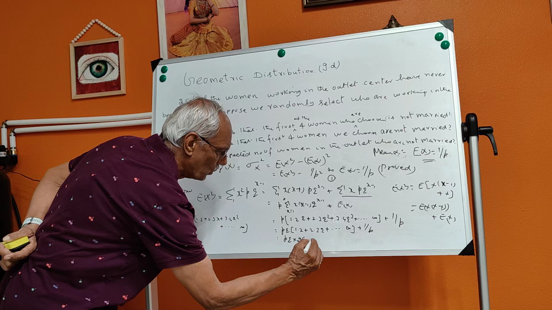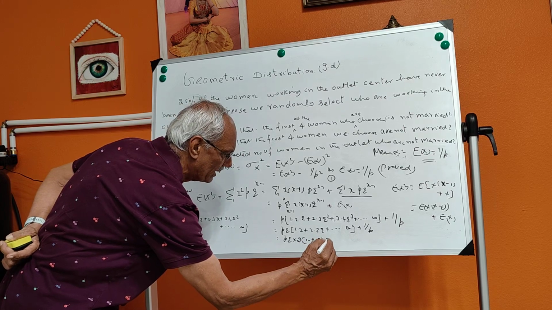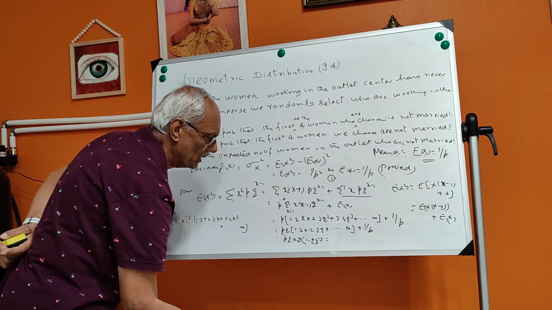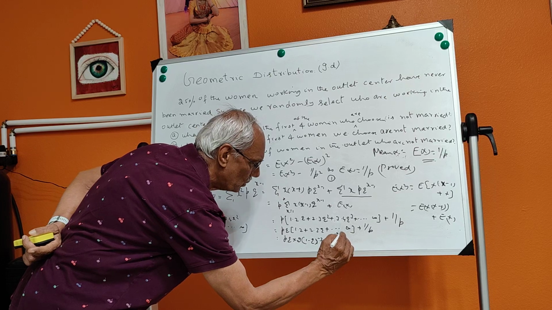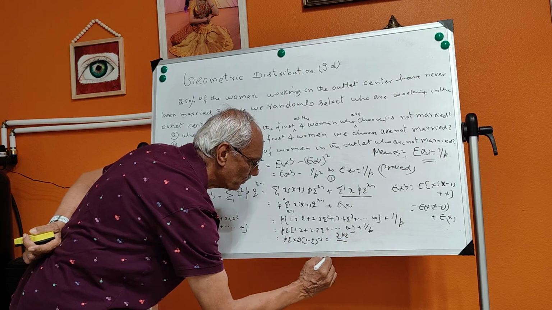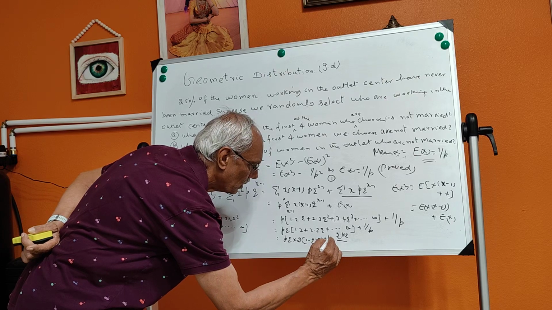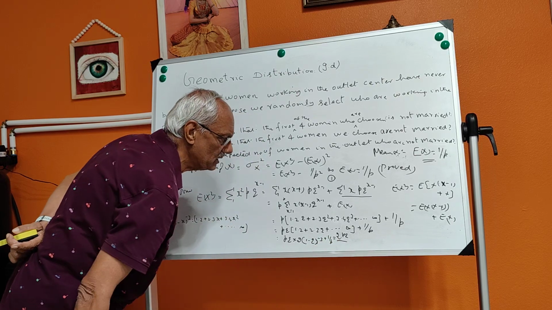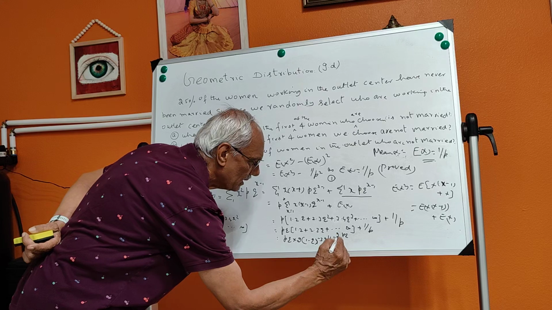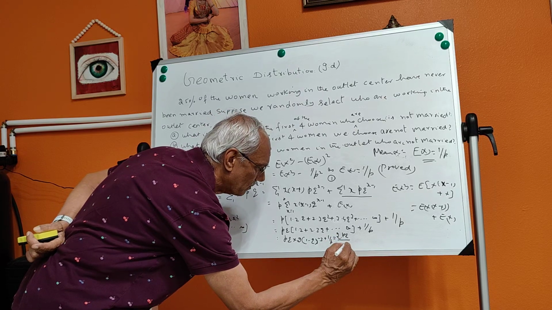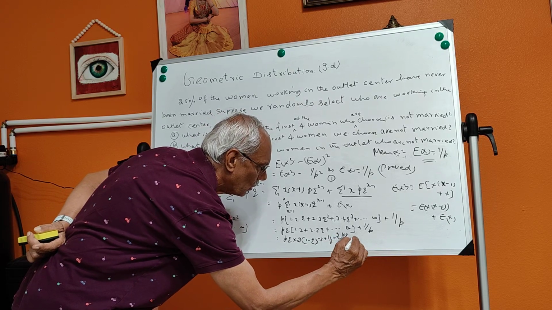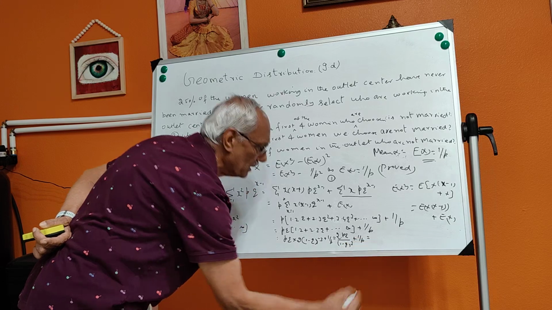So it is nothing but 1 minus q to the power of minus 3. So this is nothing but 2pq divided by (1 minus q) whole cube plus 1 by p.